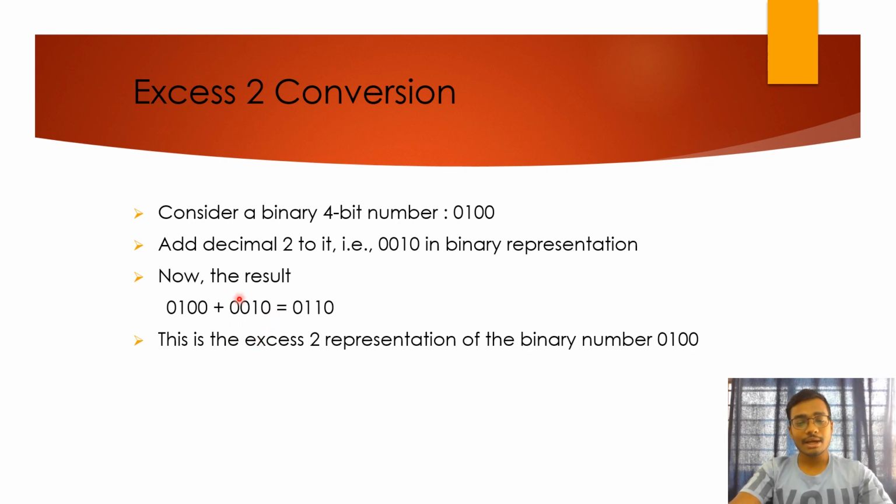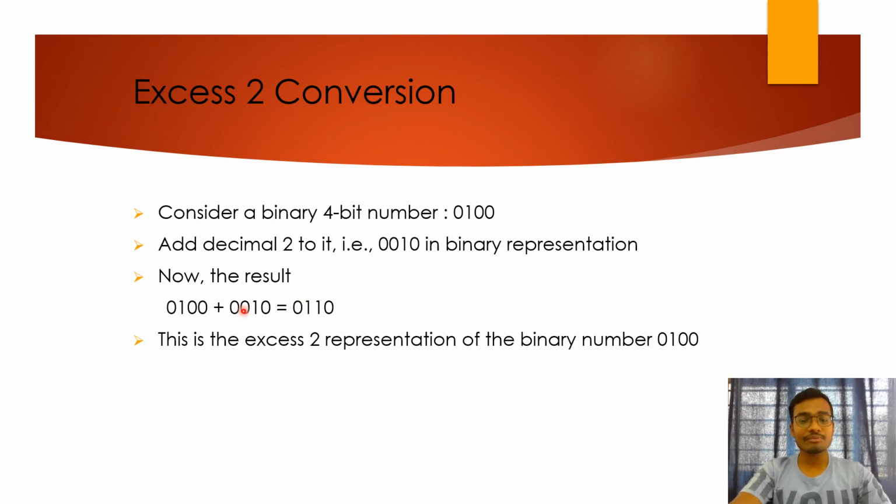Let us add both the binary numbers from right to left. In the 0th bit, we have 0 and 0. 0 plus 0, the sum is 0, and the carry to the next bit is also 0. Then in the first bits we have 1 and 0. If we add 1 and 0, we get sum as 1. The carry from the previous bit is 0, so 1 plus 0 is 1, the sum is 1. The carry forwarded to the next bit is 0.